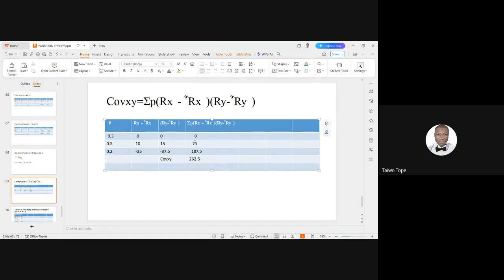When you add 75 plus 187.5, it will give you what? 262.5. So this is your covariance of X and Y.